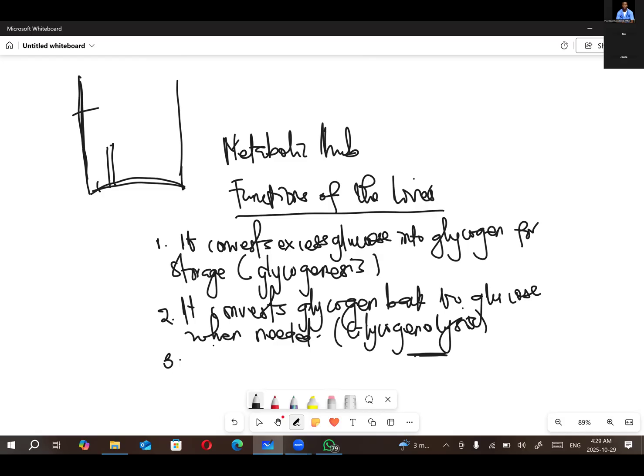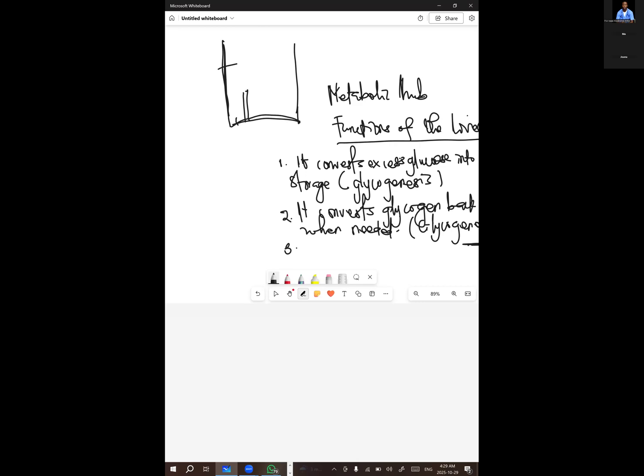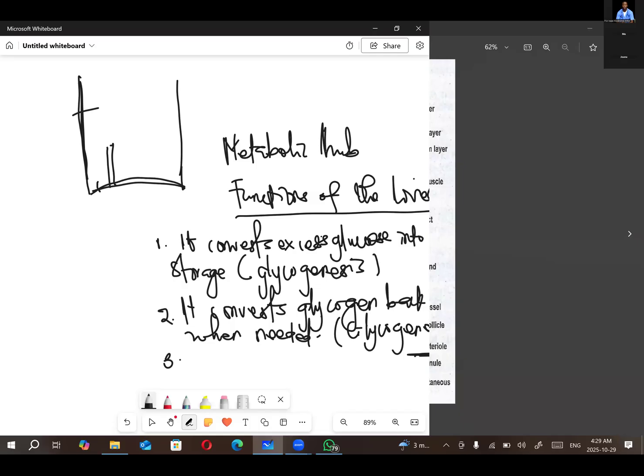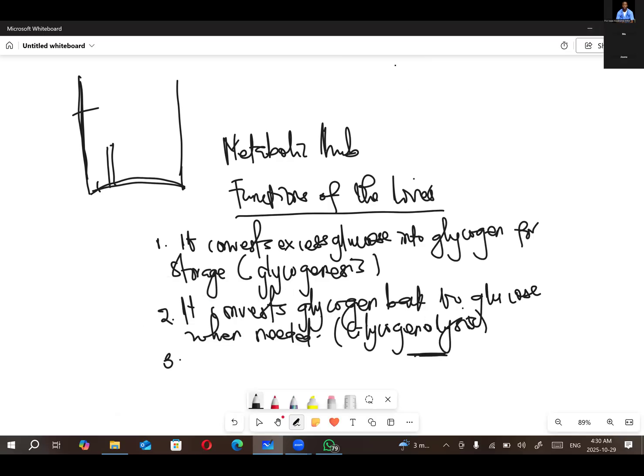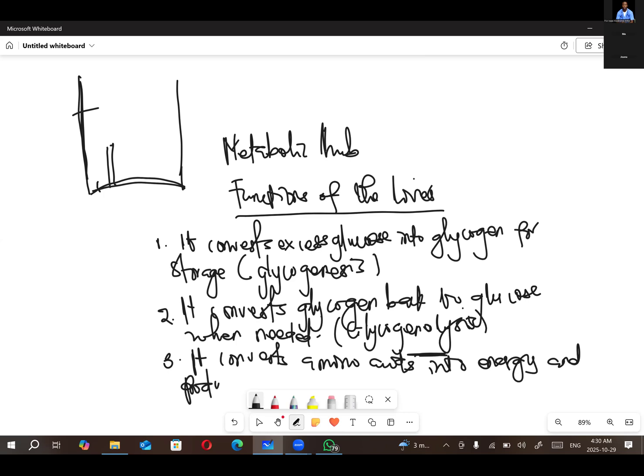And then it also converts amino acids into energy and produces urea. This process is called deamination.